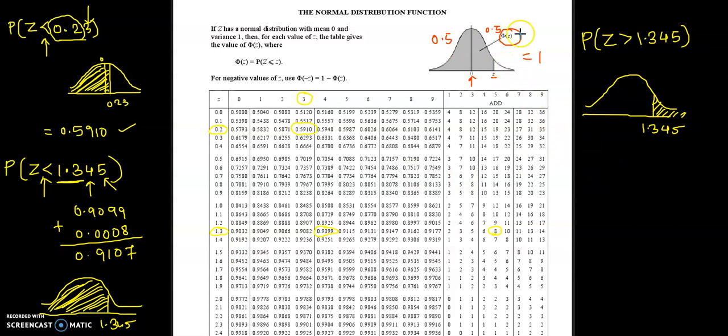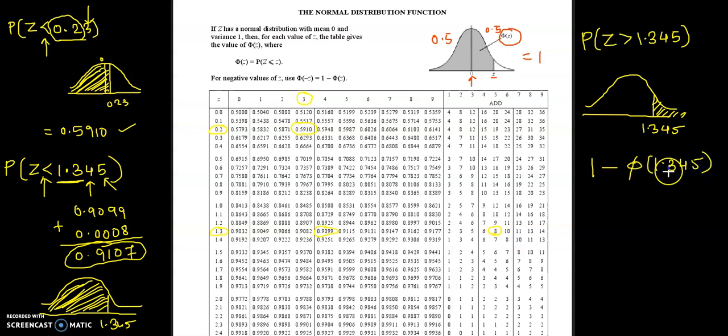I already know that the total area under the curve is 1. So if I'm interested in finding the leftover area, I am going to subtract the value that I got here from 1. So this probability z more than 1.345 is actually equal to 1 minus phi of 1.345.